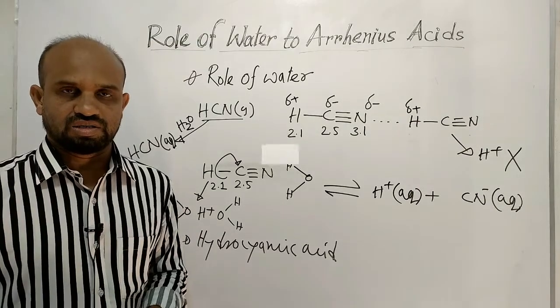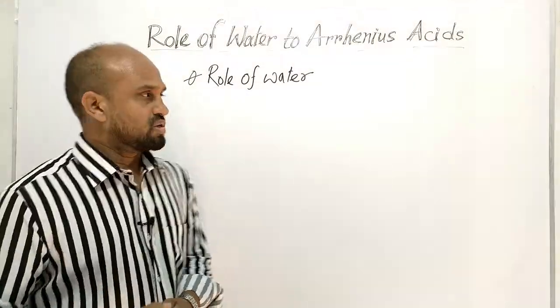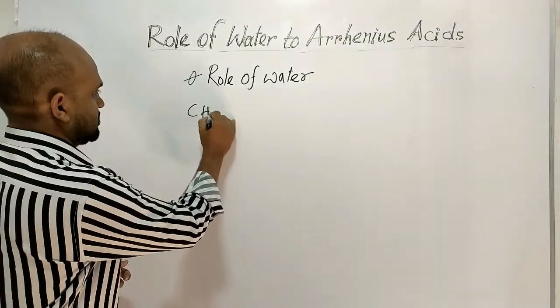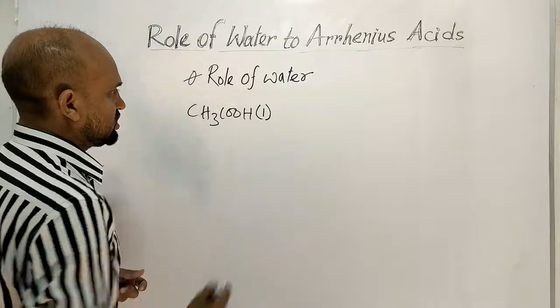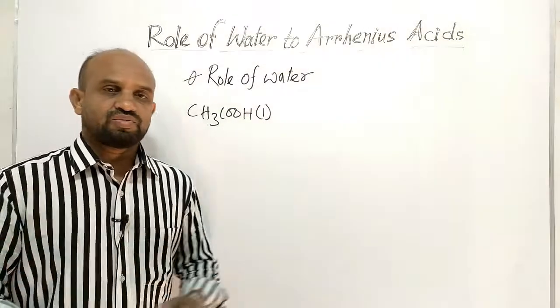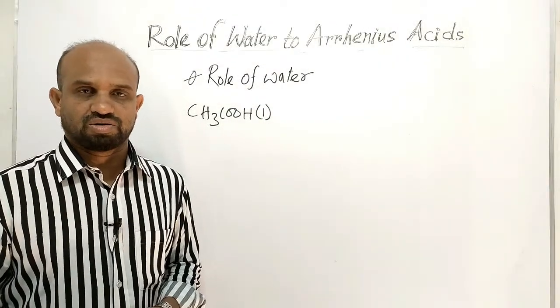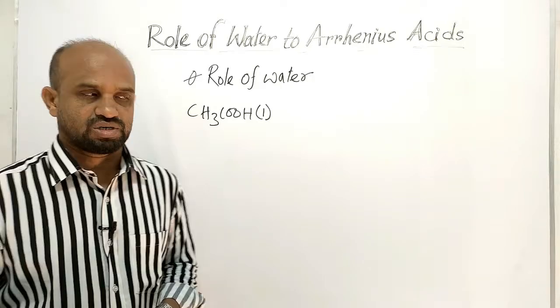Let's say another acid. Now the compound is acetic acid, which is liquid at normal condition. First of all, let's see whether this is acid or not in absence of water.